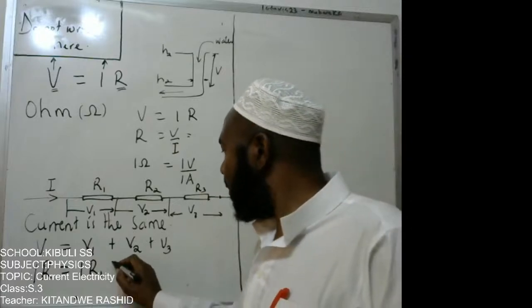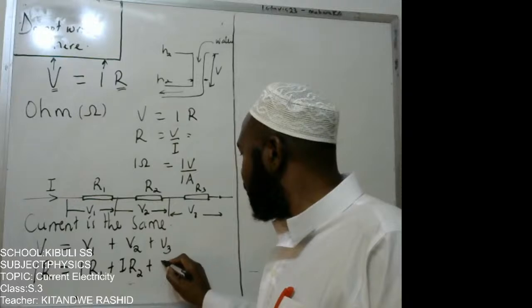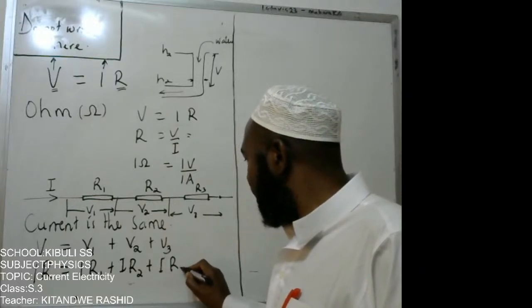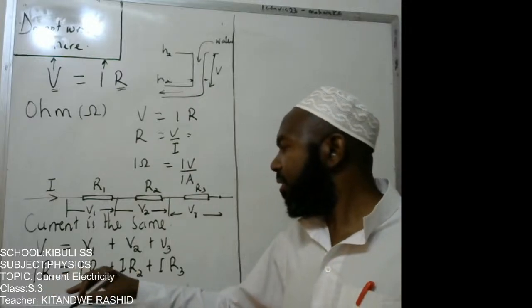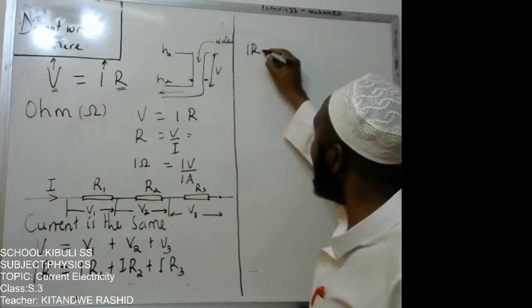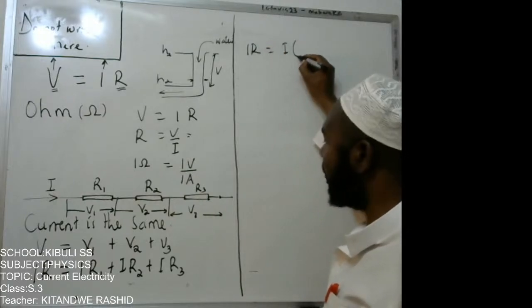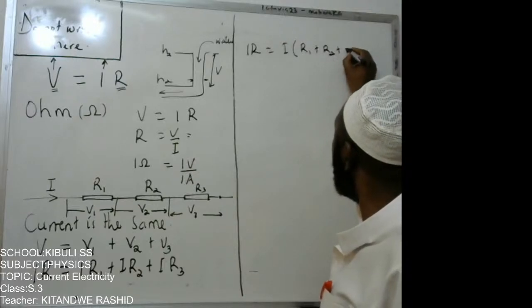V2 is going to be equal to IR2. And V3 is going to be IR3. Now, since current is the same, we can factorize it out and say IR is equal to I into R1 plus R2 plus R3.